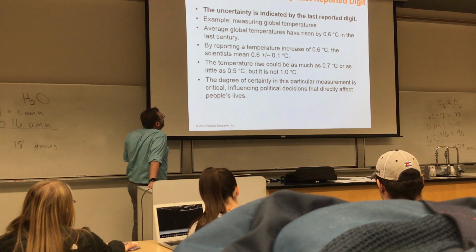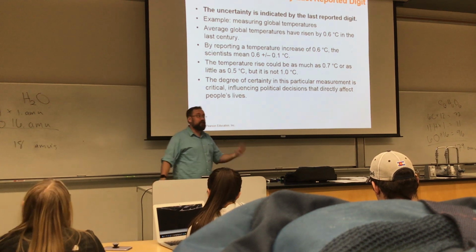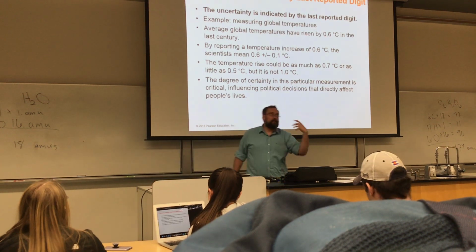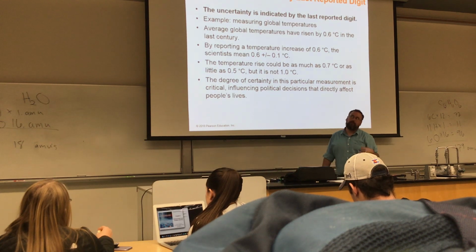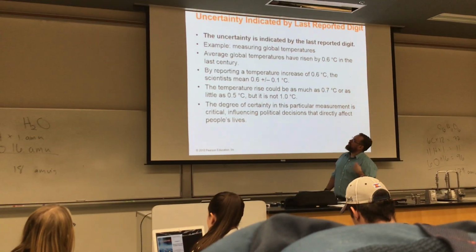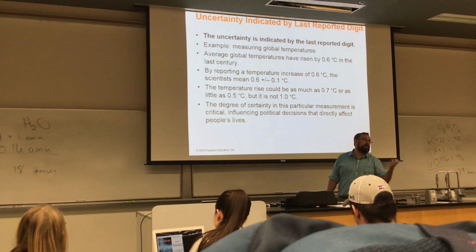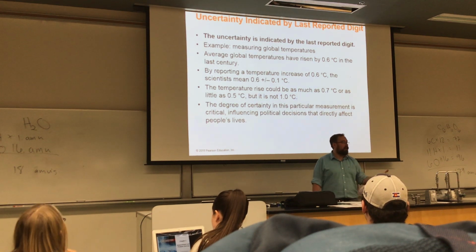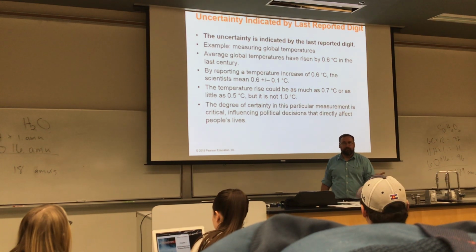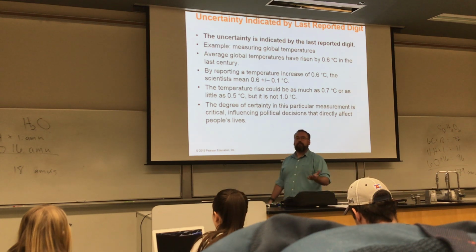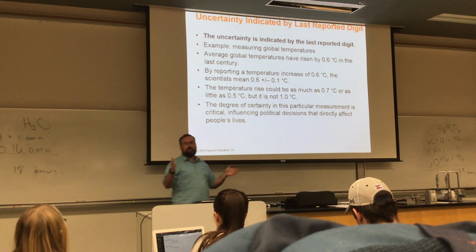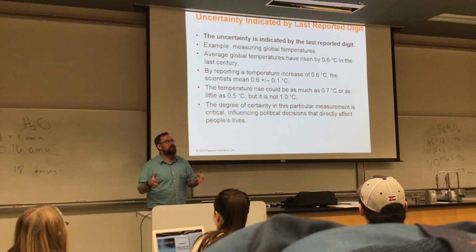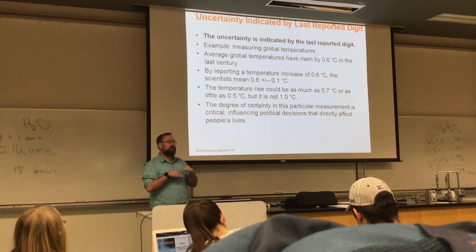So uncertainty is indicated by the last reported digit. If we're saying the uncertain, we will measure out to where we have to make a guess about our numbers. I think we did this in your lab. If we're looking at a graduated cylinder, there are those nice clear lines on it.